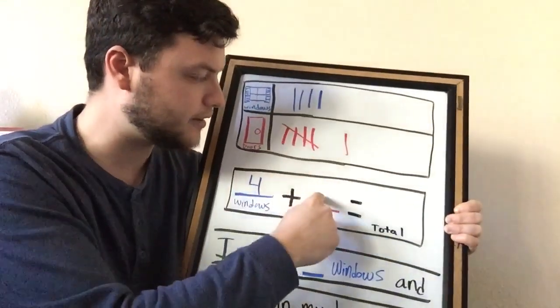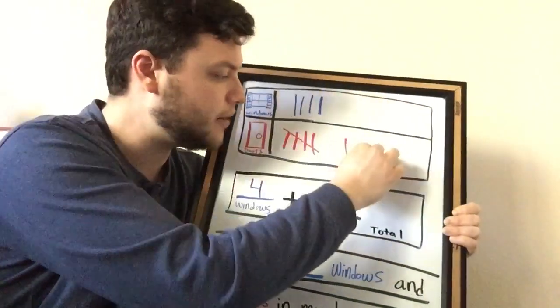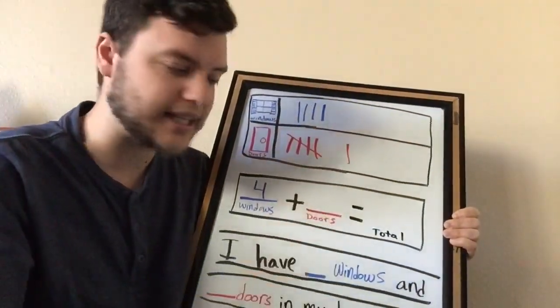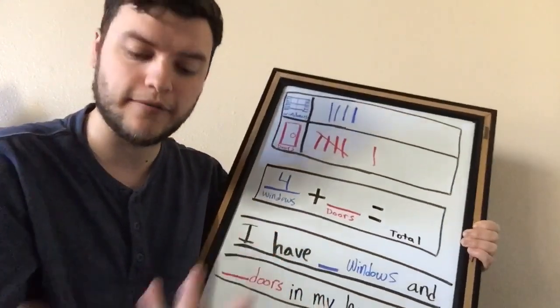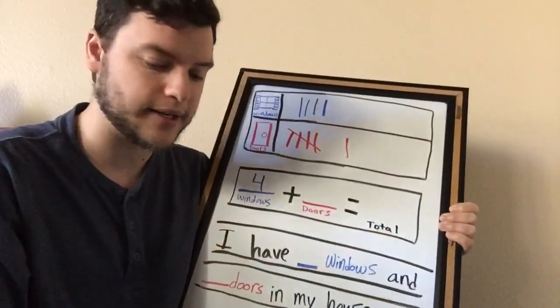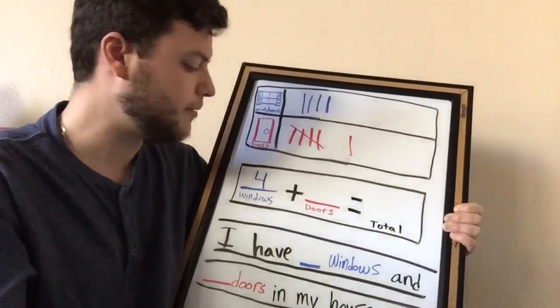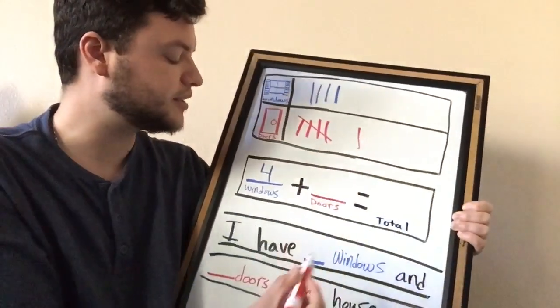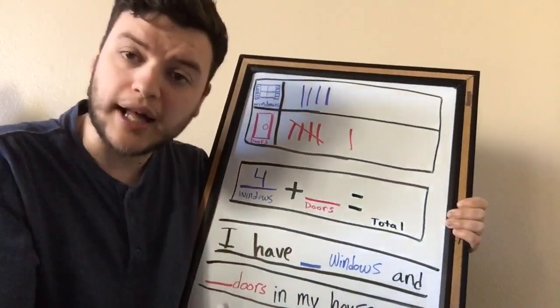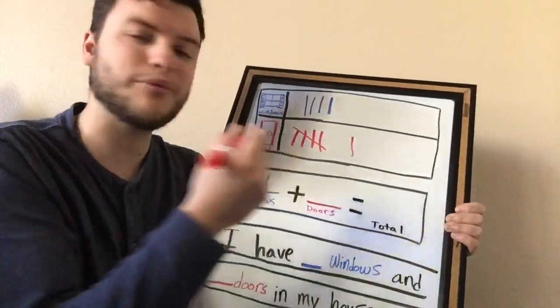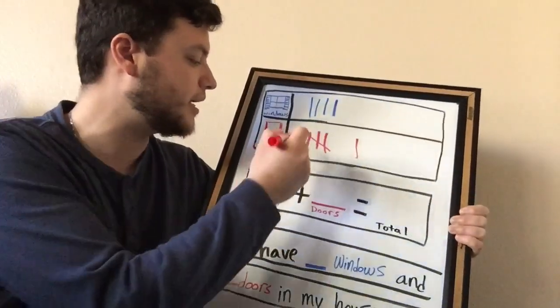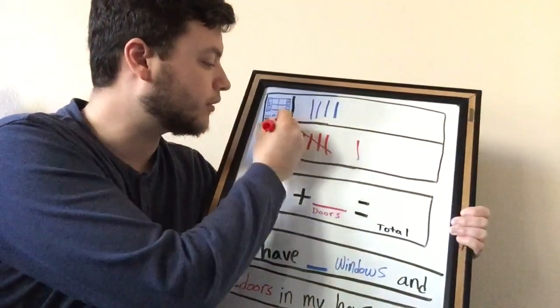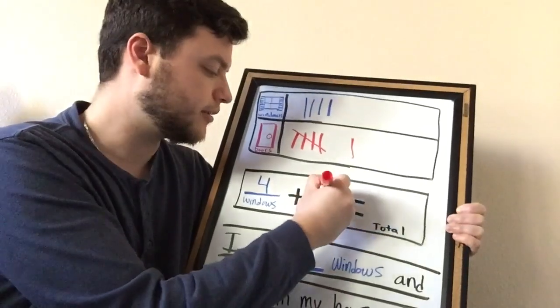This number and this number. My windows and my doors, I'm going to add that number together to see how many of both we have combined. So I'm going to grab my red marker, and we said that this was 6. If you forgot the number, all you got to do is count. That's why I love tally marks. So easy to count. 1, 2, 3, 4, 5, 6. So that's 6.